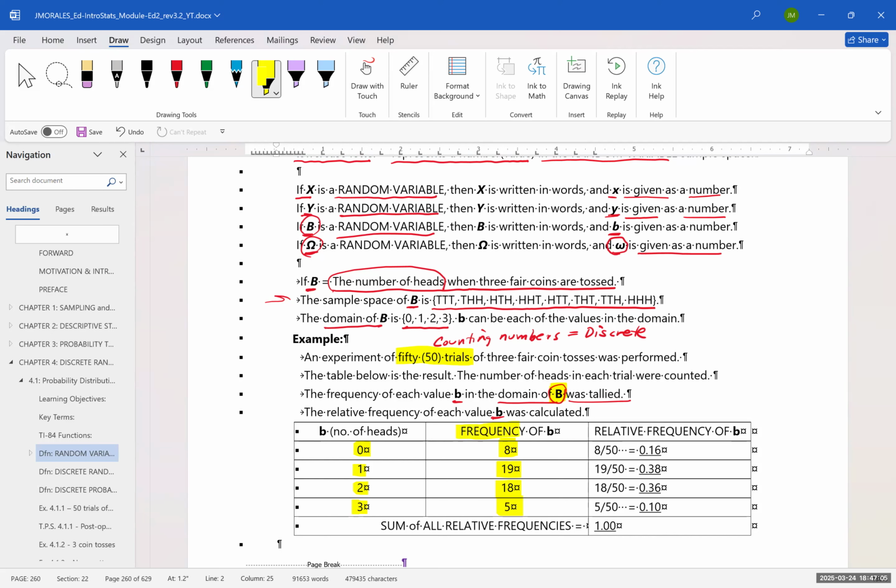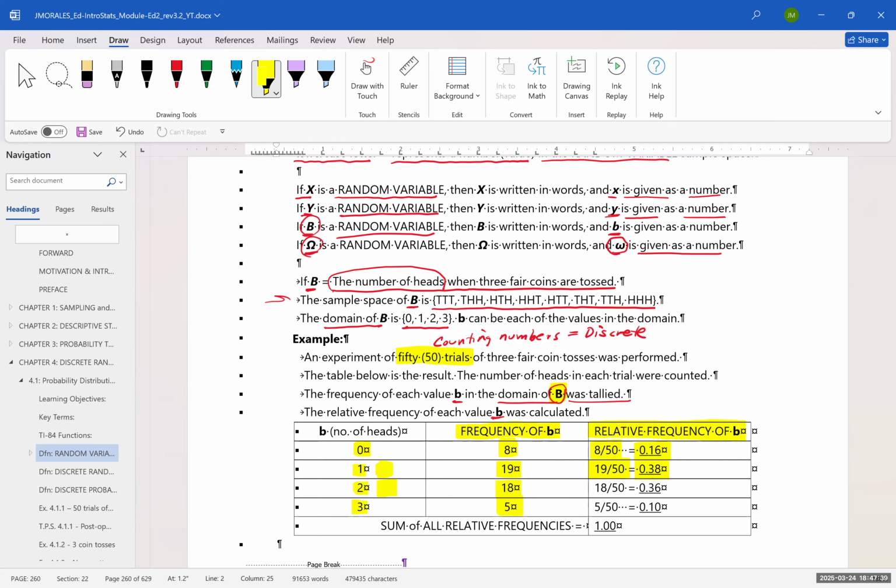Now, knowing the frequency for each value in the domain, we can calculate the relative frequency for each value. So this is like the probability of a single event. We had 8 out of 50, which gives us a relative frequency of 0.16. For 1 head, that was 19 out of 50, or a relative frequency of 0.38.